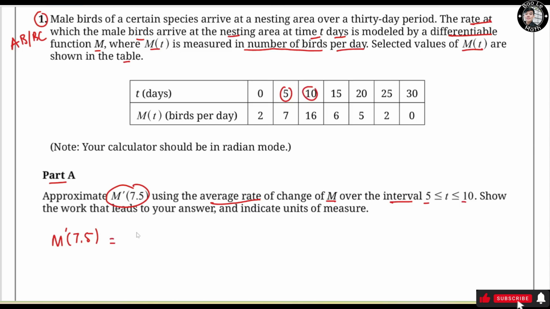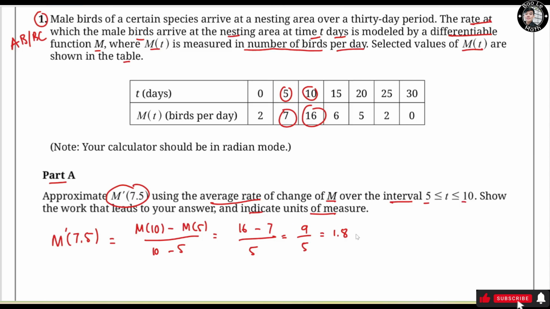So it's going to be m of 10 minus m of 5, divided by 10 minus 5. Now m of 10 is right here, 16, minus m of 5, which is 7, divided by 5. So it's 9 over 5, which is 1.8 birds per day per day.